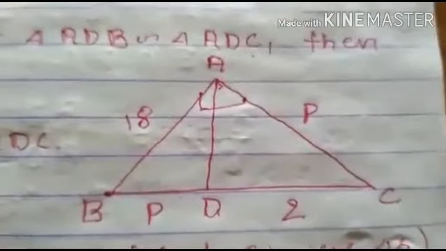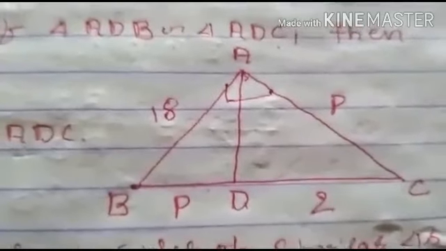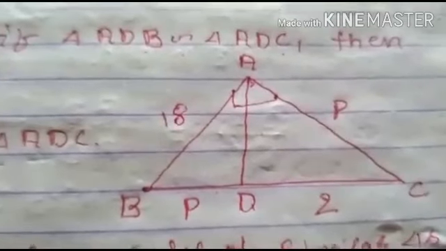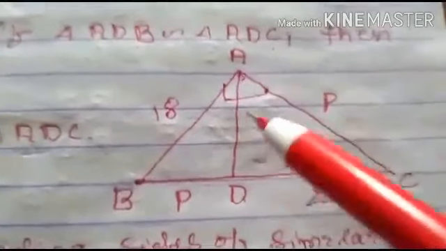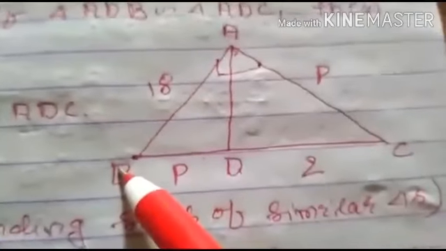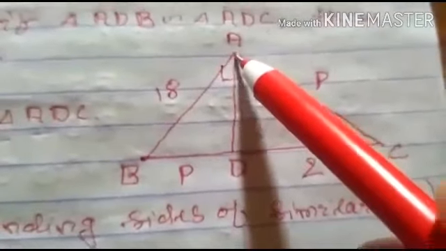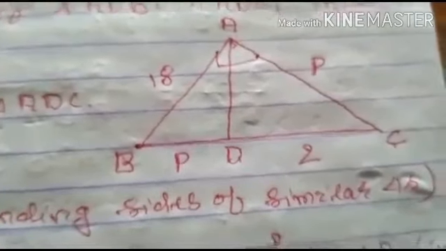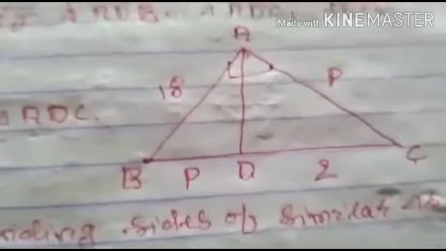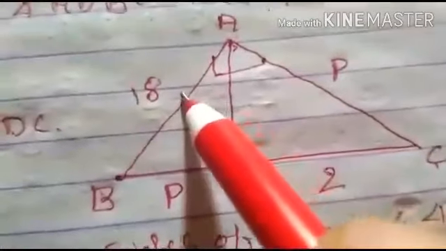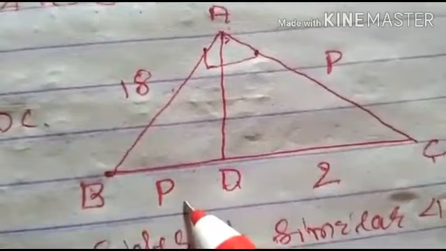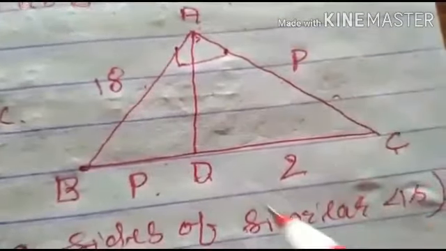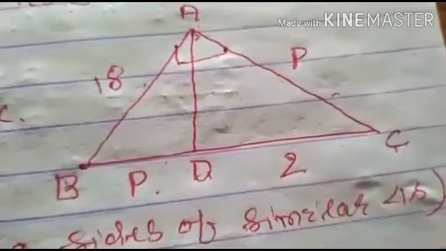The figure is given. So let's look at the figure first and understand the question by the figure. Here it is given that triangle ADB is similar to triangle ADC. And it is also given that side AB equals 18, side BD equals P, side AC equals P, and CD equals 2.